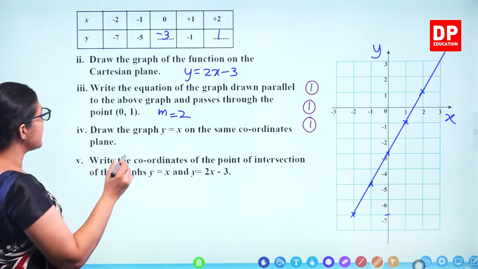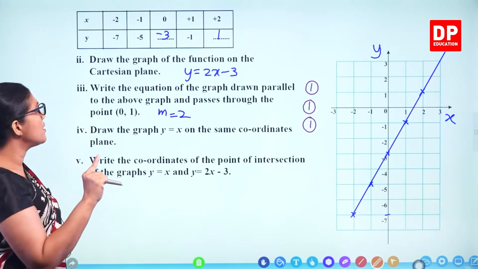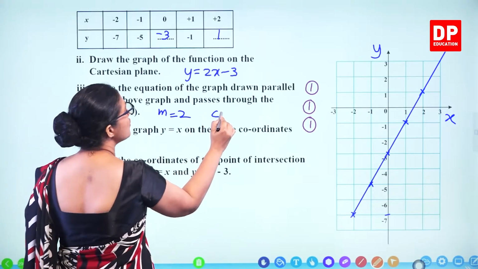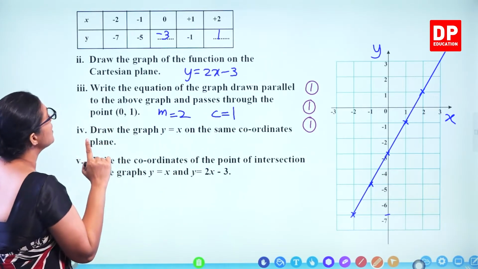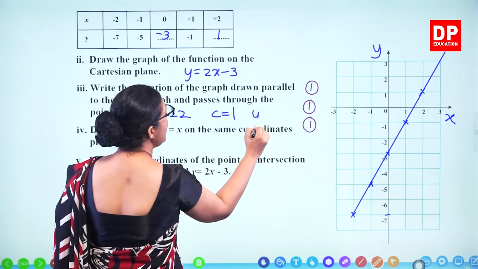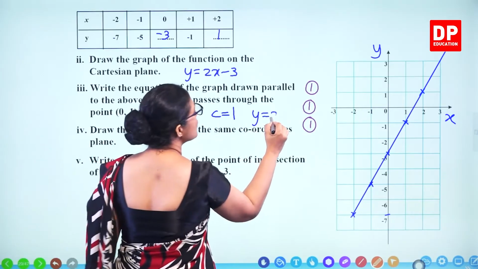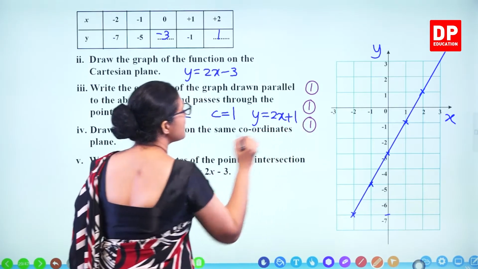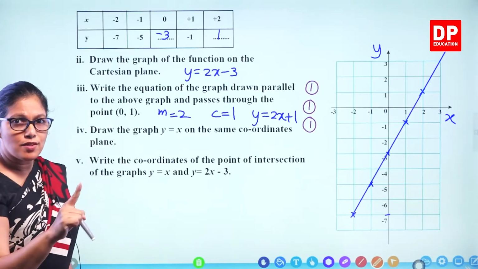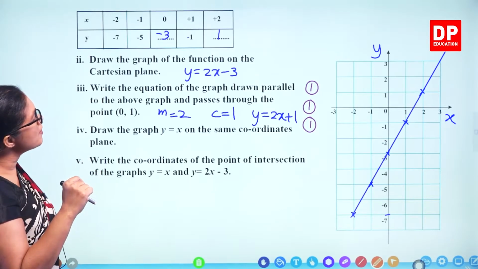And what's the y-intercept here? It says 0, 1. When x equals 0, y value is 1. So that's c equals 1. So what's the equation? You can write y equals 2x plus 1. That's the equation of the line passes through 0, 1 point and parallel to 2x minus 3 graph.